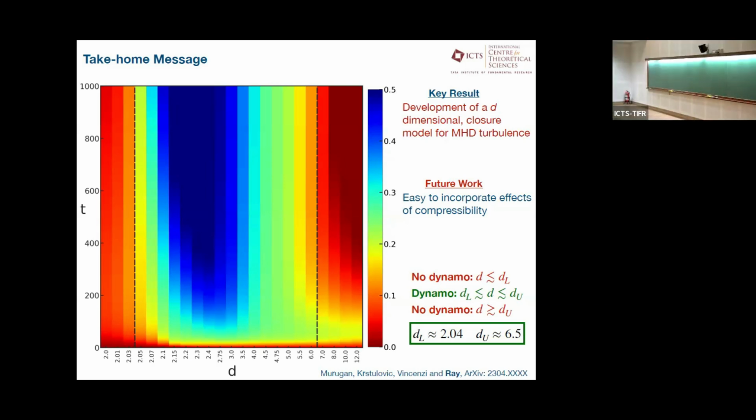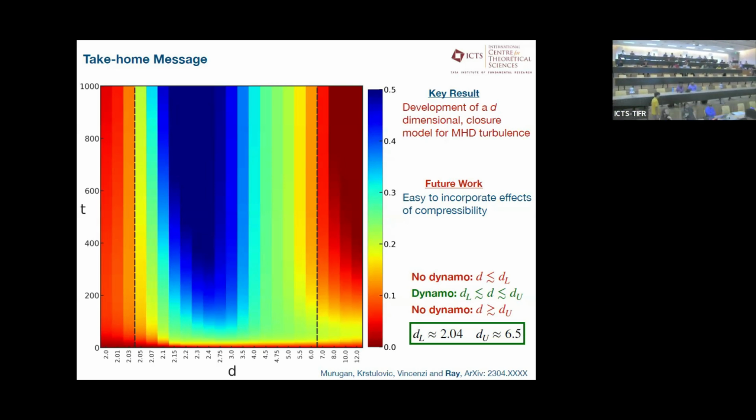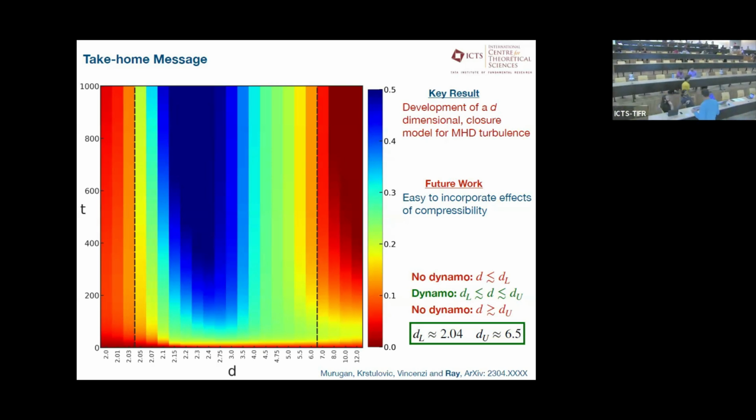Yeah, okay. So the higher dimension, the way things are prohibited, at least within the closure, is a very different mechanism. In lower dimensions, in the no dynamo phase diagram, we see there's never a net exchange of energy from the fluid to the magnetic field.